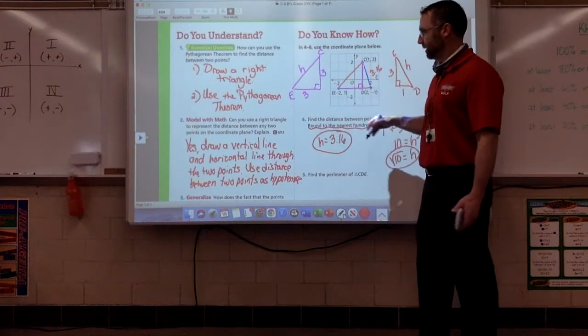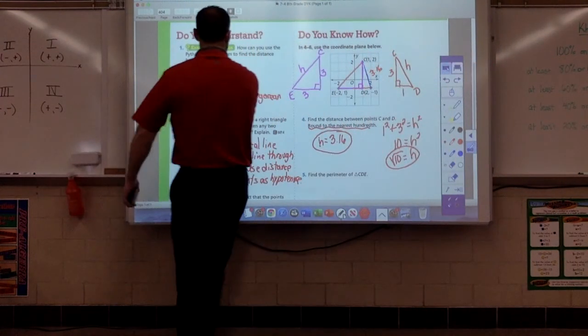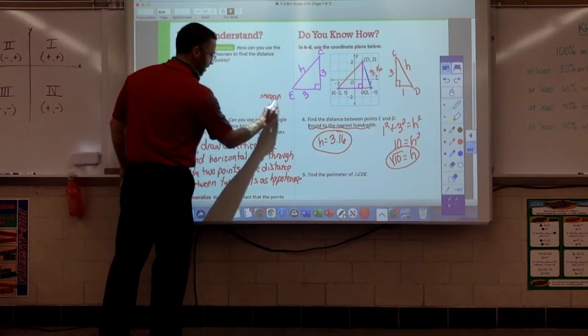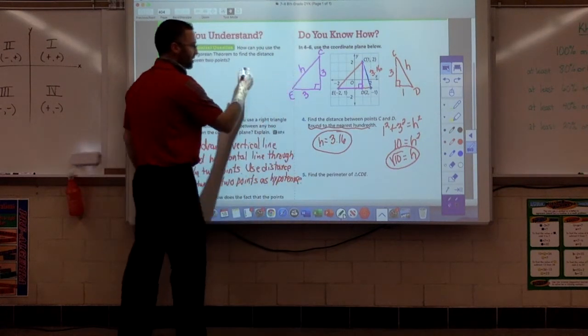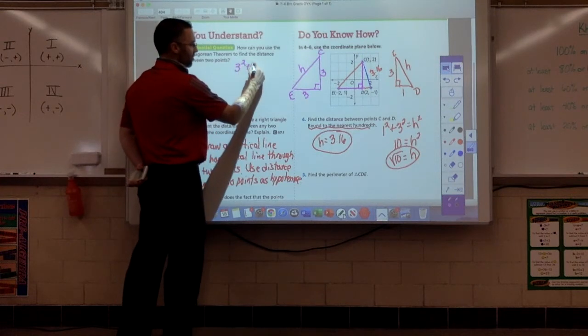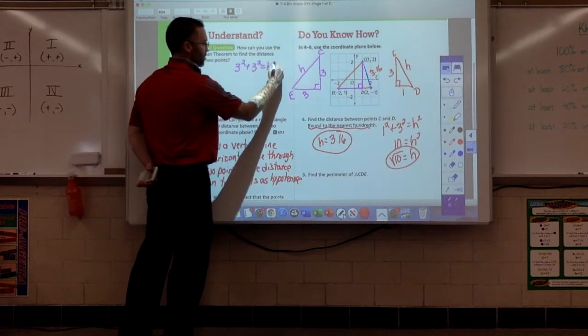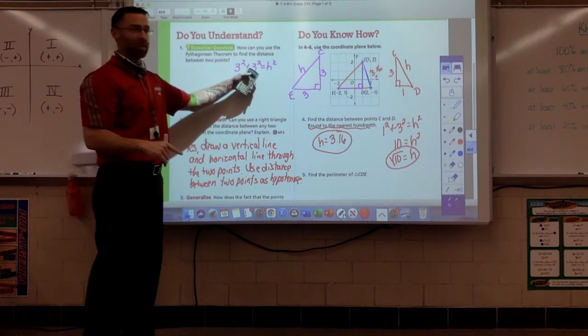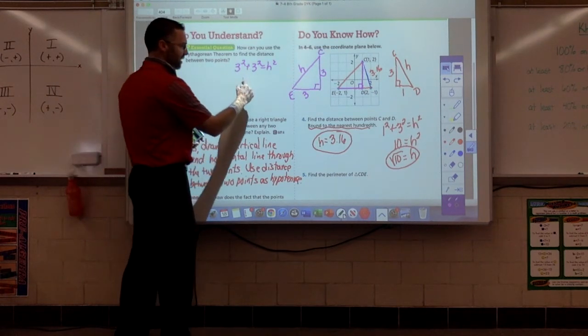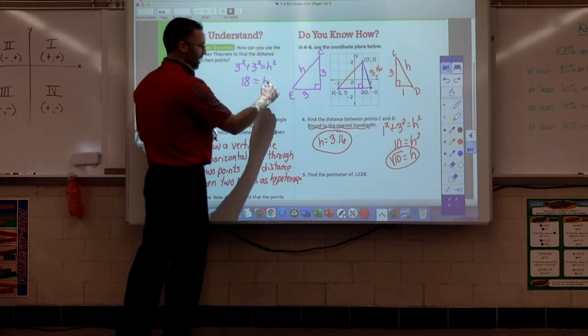I'll do some erasing right here. You should be doing your work down here with number 5. We've got to find this length. 3 squared plus 3 squared equals h squared. 3 squared is 9. 3 squared is 9. 9 plus 9, 18. So we got 18 is equal to h squared.